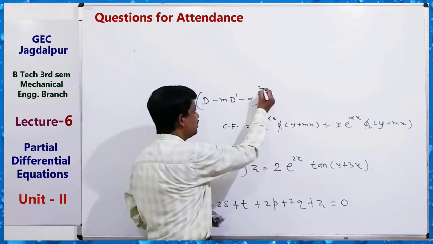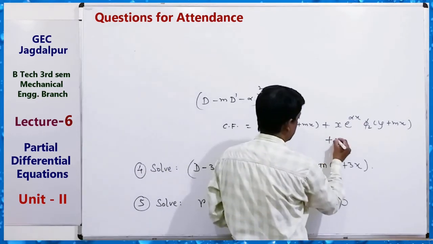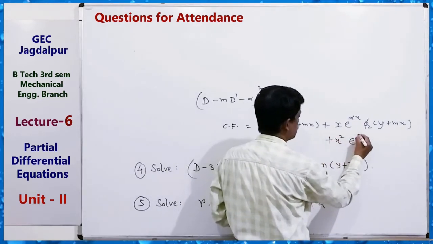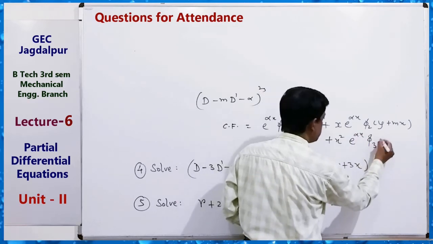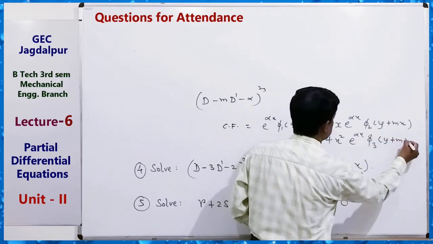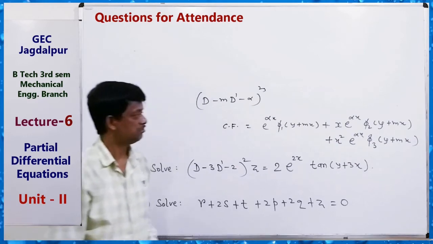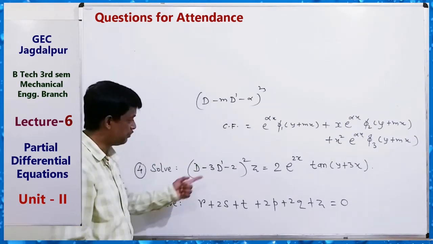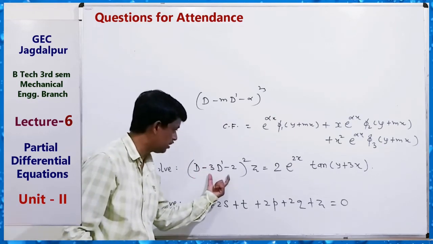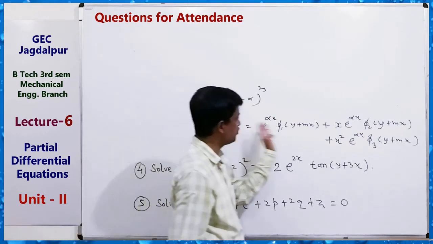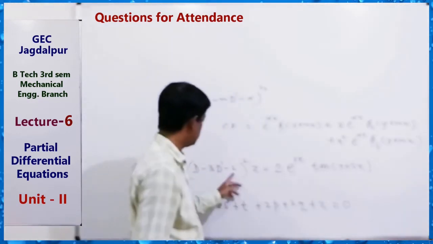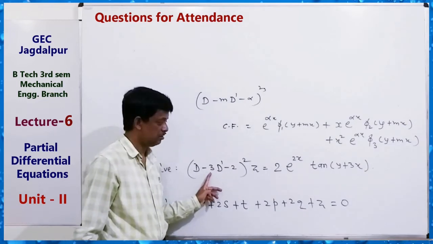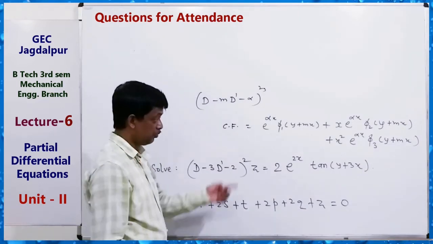If suppose there are 3, then again x square e to the power alpha x, phi 3 of y plus mx. Now this is the formula for writing repeating roots. This is the repeating factor, square. So you have to write up to here, where alpha minus 2 m3. You can write CF.